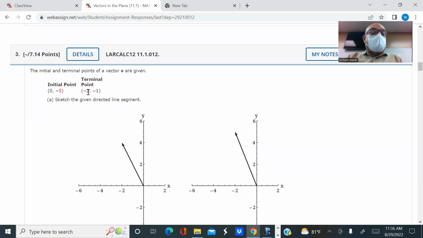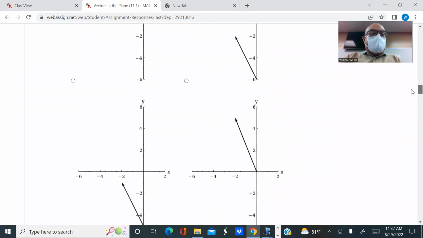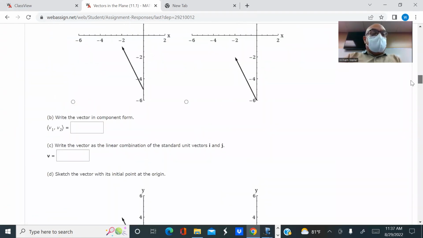The horizontal component is going to be -2 - 0, so that's -2. And then the vertical component will be -1 minus -5, so that's -1 plus 5, which is 4. So -2 and 4 for my version of the problem. Yours might be slightly different.